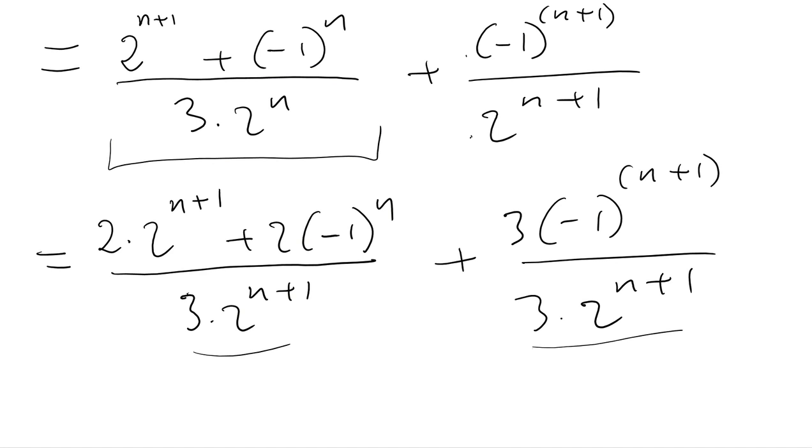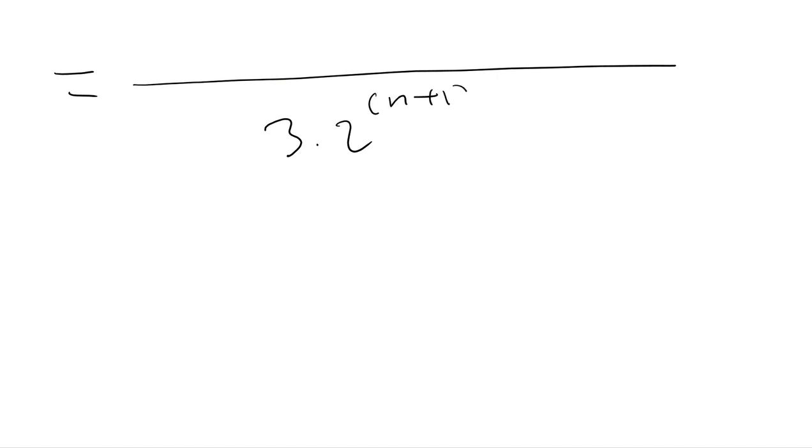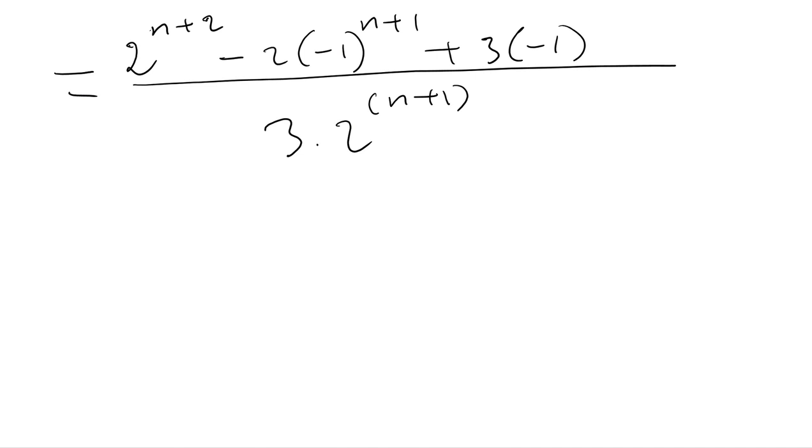So I can extend this because we have the common denominator here. This will give me the bottom part, which is going to be 3 times 2^(n+1). Then I just copy whatever I have at the top. So this is 2^(n+2), negative 2 times (-1)^(n+1) plus 3 times (-1)^(n+1) here.